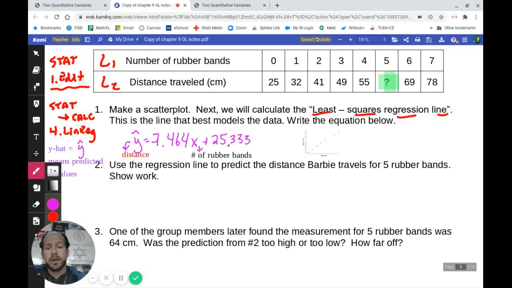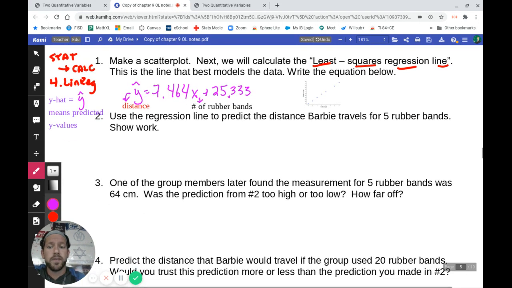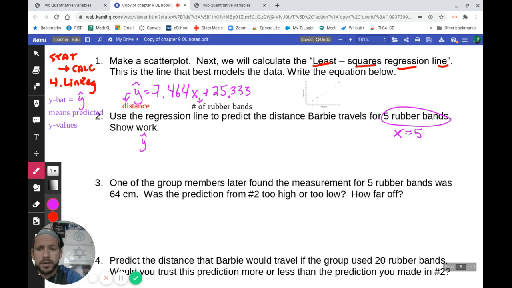So the next question asks us to use that regression line to predict the distance that Barbie travels for 5 rubber bands. So when we have 5 rubber bands, that's telling us that our x value is 5. So we're going to take that 5 and plug it in and replace x with 5.